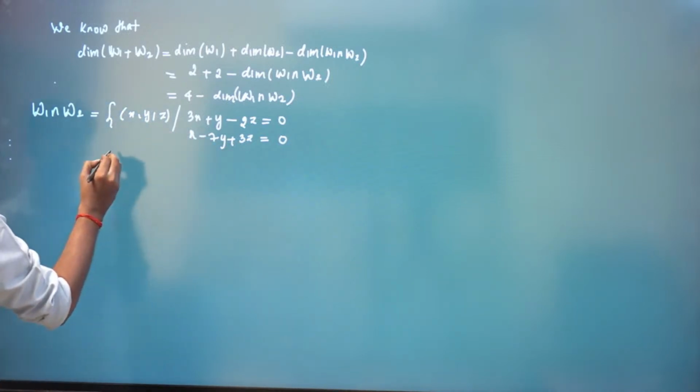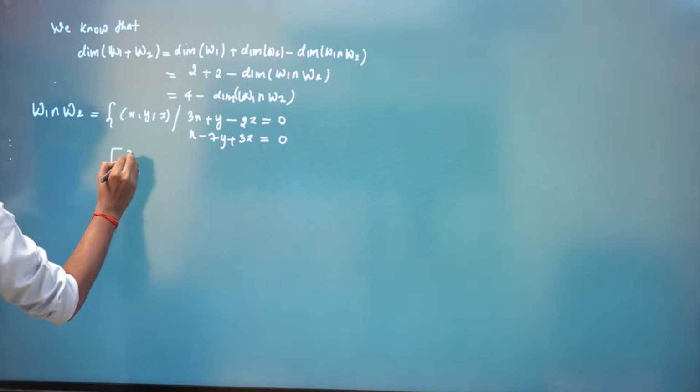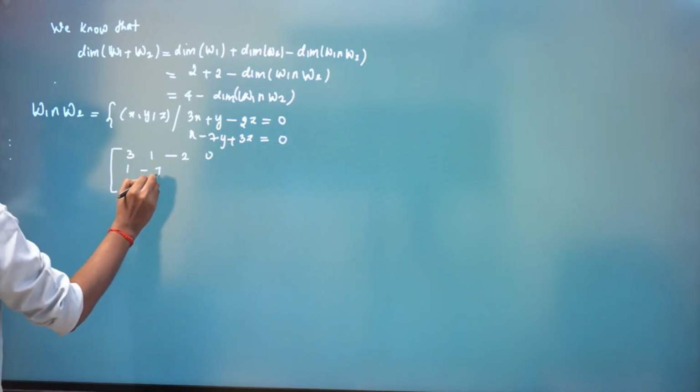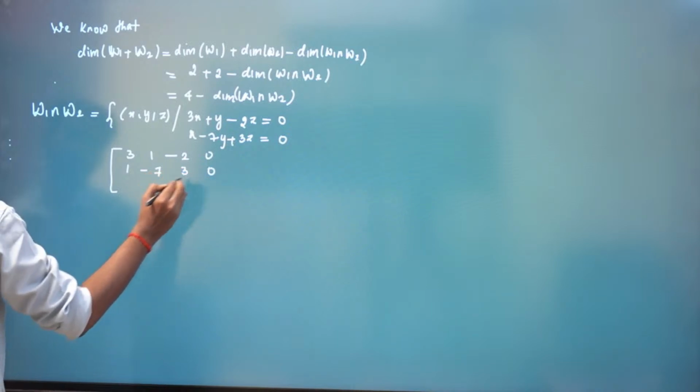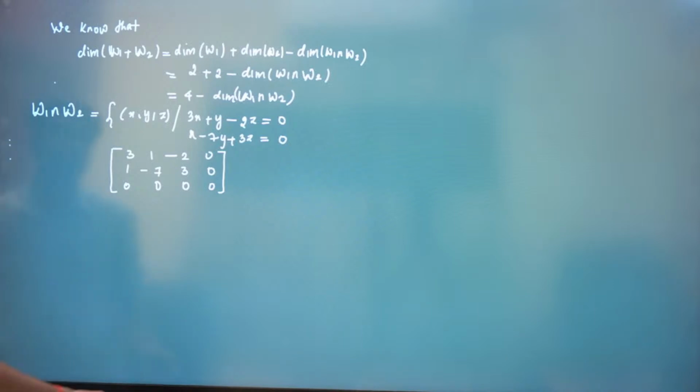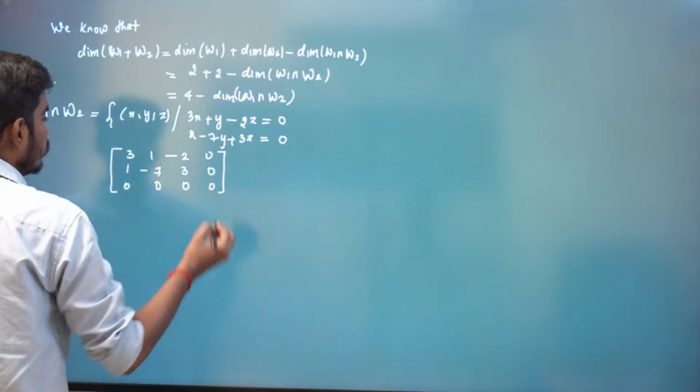Again you can see this is a homogeneous system of linear equations. So we have 3 1 minus 2 0, 1 minus 7 3 0, then 0 0 0 0, right? Just find the basis dimension for this.